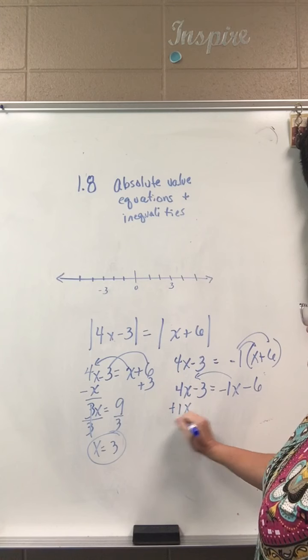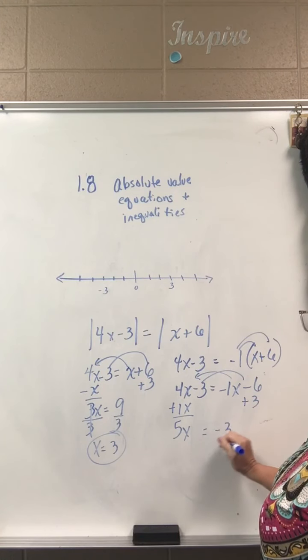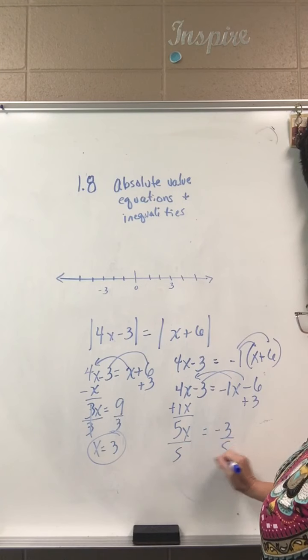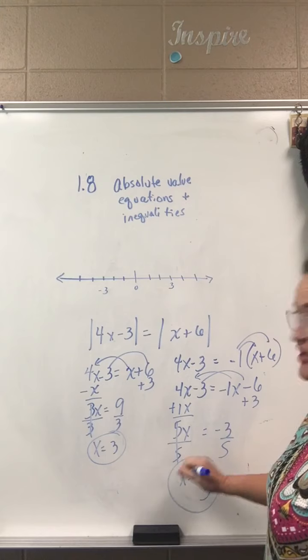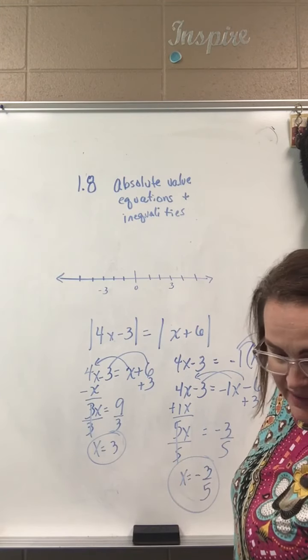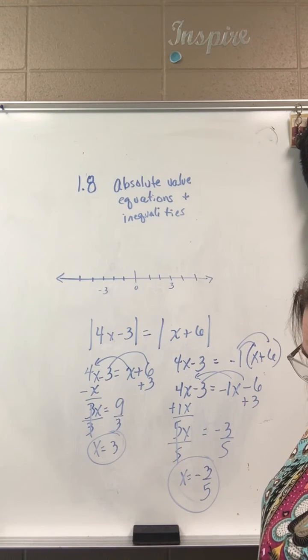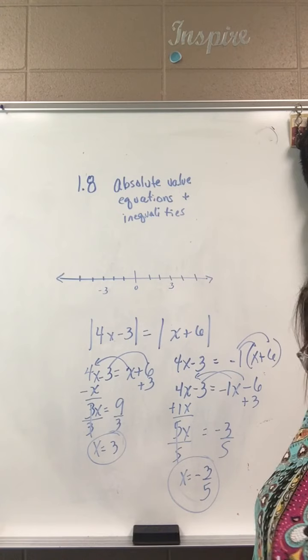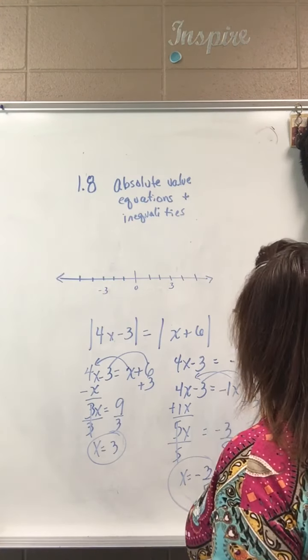Then gather your x's, gather your constants, divide by what's with your variable, and it's a fraction. That's okay, it's still a number, right? So -3/5 is the number that makes the two sides opposite. We could check that out just like we did the last one, plug it back in for the x's and see that it's so. So let me show you that.